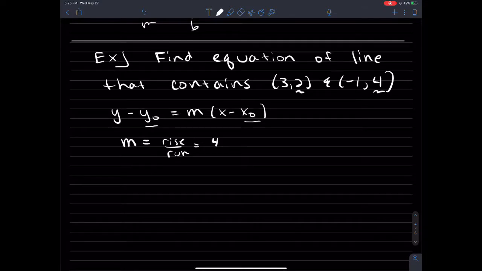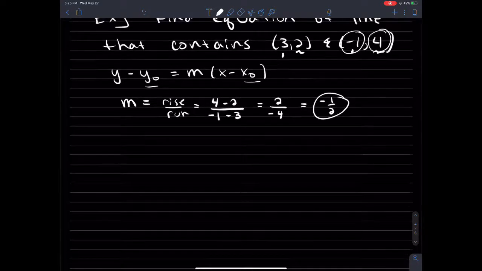So we'll start with the 4 minus 2, and then we subtract the x values, minus 1, minus 3. If you start with this y value, you have to start underneath it with that x value, which is 2, all over minus 4, which we can reduce to minus 1/2. So there's our slope.